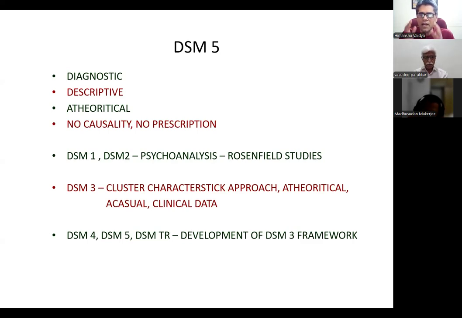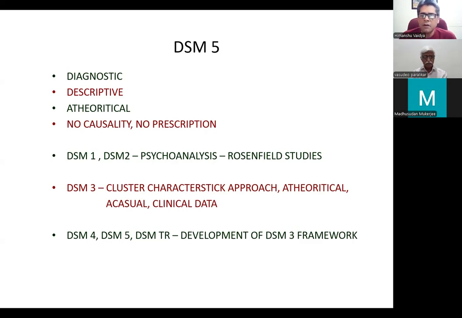It essentially describes a disorder. So it's descriptive. Third characteristic is it's theoretical, in the sense it does not follow Freud or Jung or even neurology or anything else in terms of causality. So in terms of causality, it's theoretical.